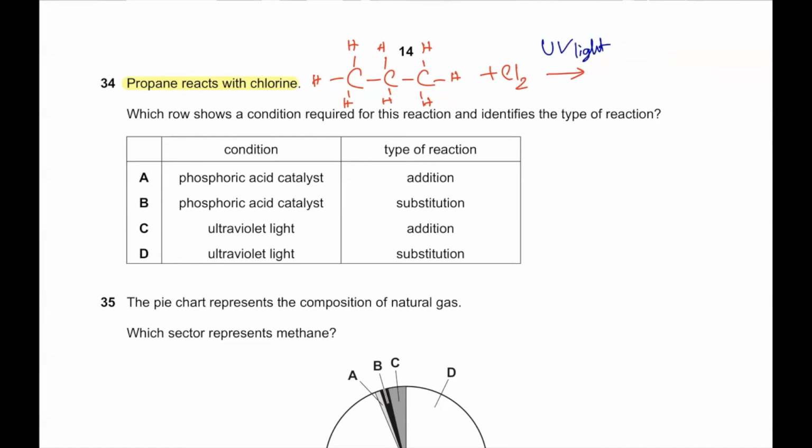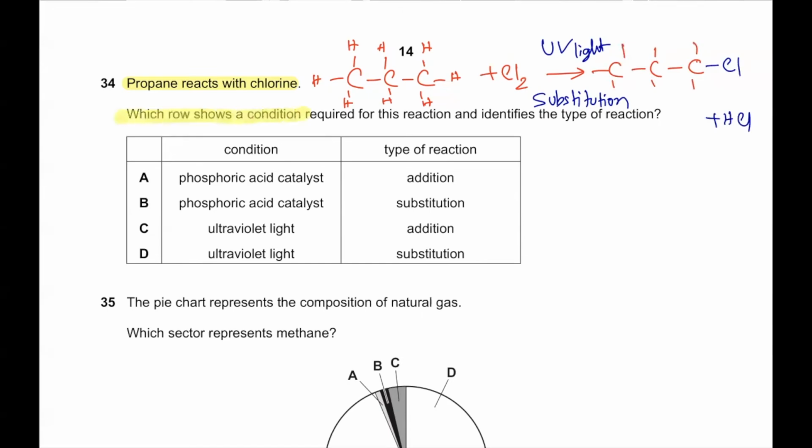And this type of reaction is known as free radical substitution. So we can call it substitution. You will see in a moment why we are calling it substitution, because all of the carbon hydrogen bonds remain intact except one gets replaced with chlorine, and then HCl is produced.